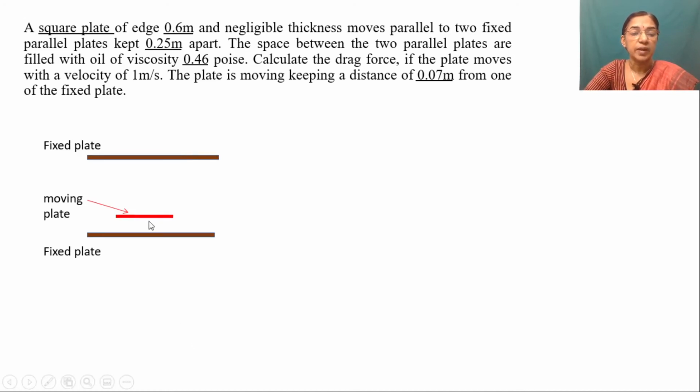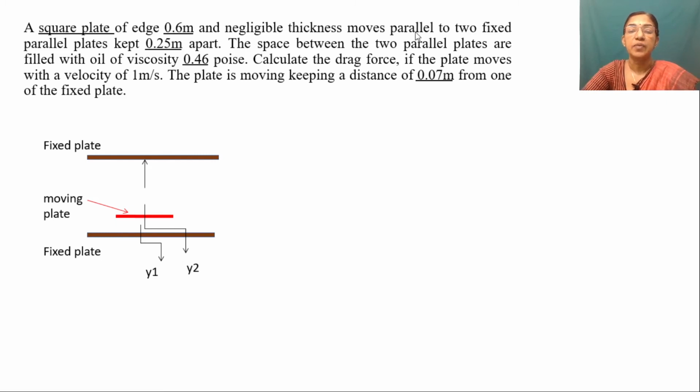This is a moving plate and the gap from the bottom plate is less compared to the gap from the top plate. That is why the shear forces acting on this side and this side are different. So these are the gaps y1 and y2, the two gaps.